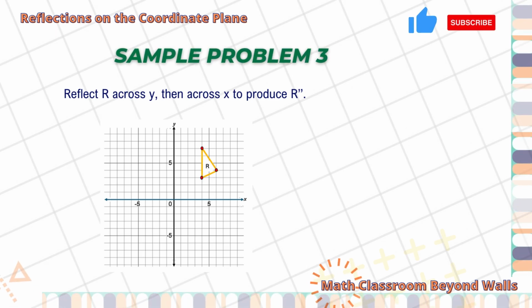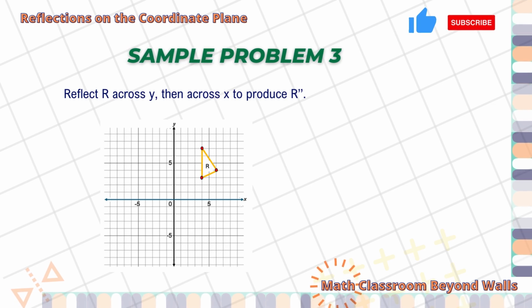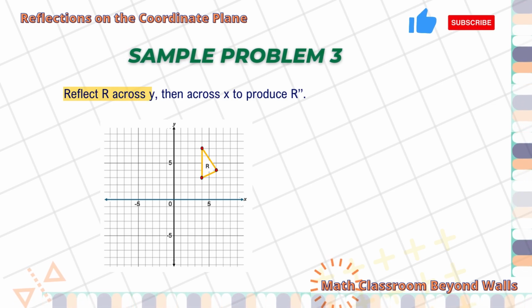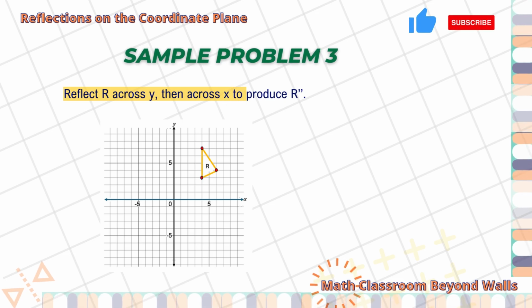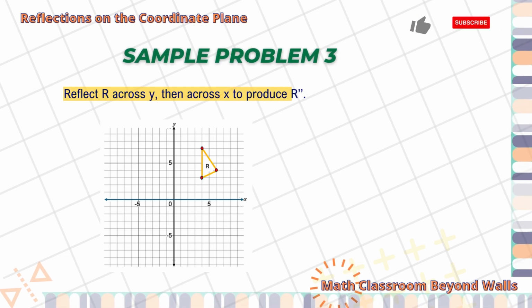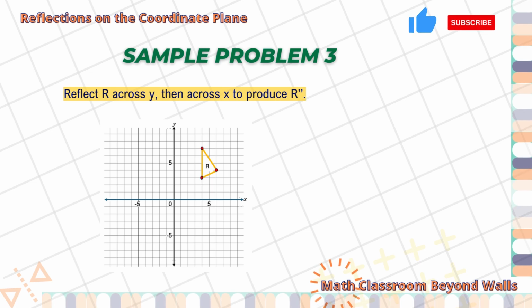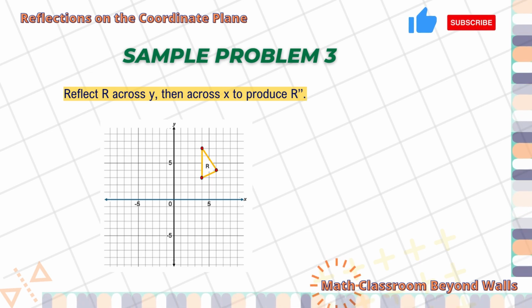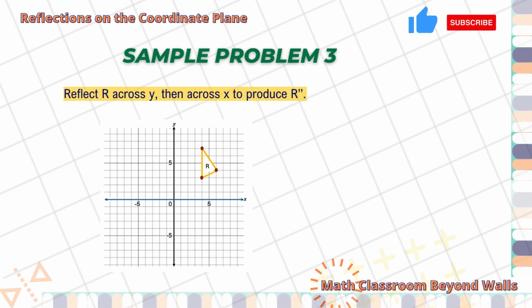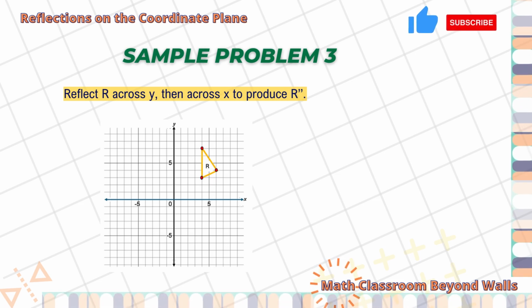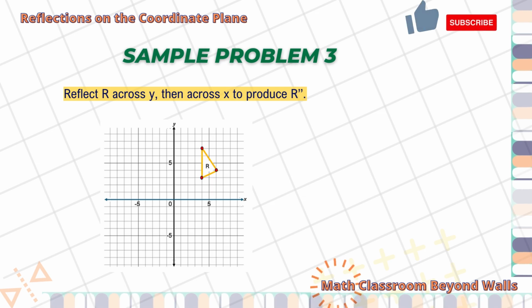What are we looking for here, learners? Basically, we are asked to get the graph of R prime prime, or sometimes we say R double prime, after R is reflected across Y and then across X. A figure of R is given here.